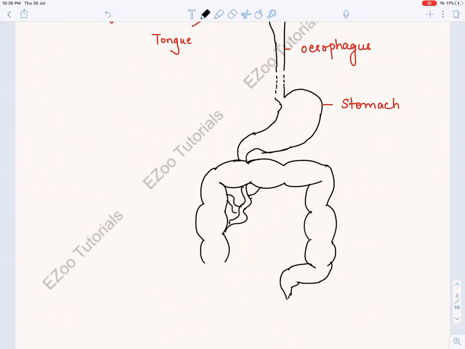We are going to study this in a lot of detail. So this is a highly coiled structure, and we'll study about each of the parts. And then there is this appendix.